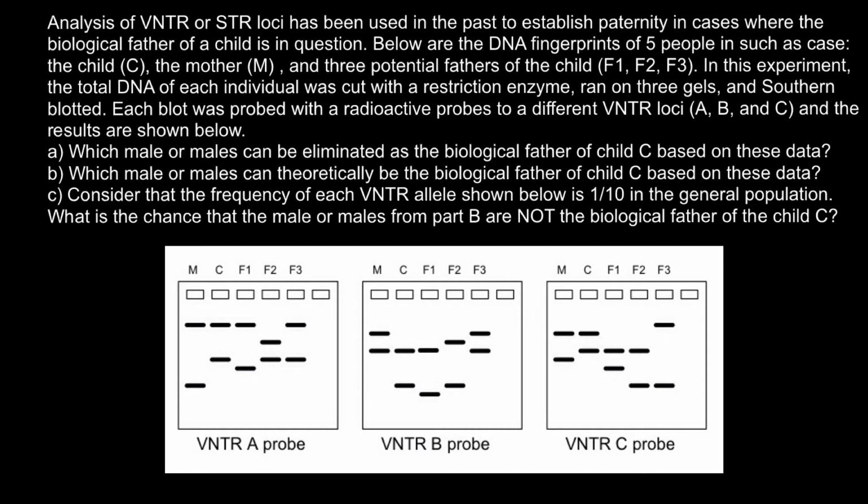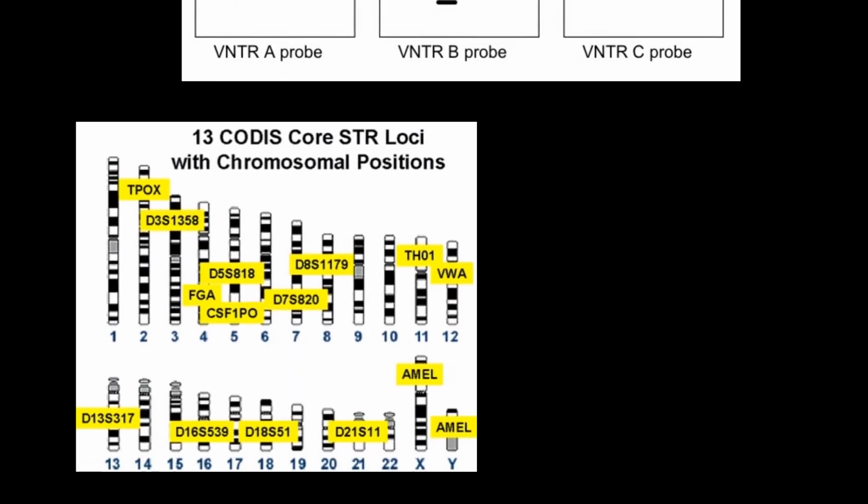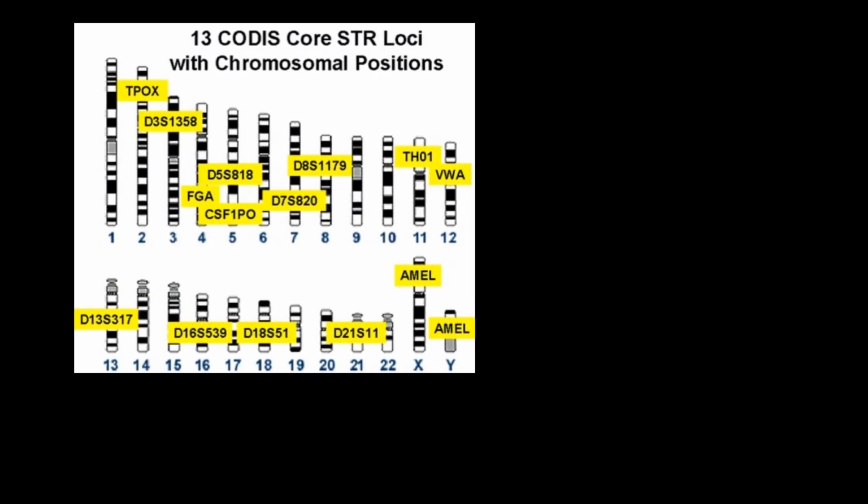Before I explain how to solve this problem, let me first explain the theory behind DNA fingerprinting. This picture will help me explain. The CODIS system was developed by the FBI, and in this system we analyze 13 loci on chromosomes 2, 3, and so on, and also 2 loci on the X and Y chromosomes.